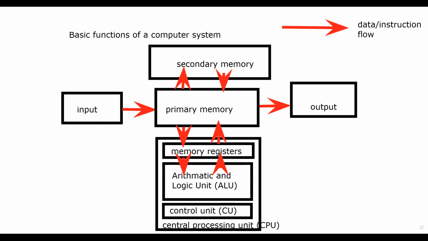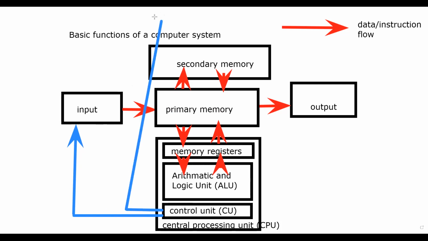Now this flow should be controlled from the control unit. The control unit controls everything. For example here, it can control the input. So it controls the input, and then it can control the storage, secondary storage as well. Yes, so we will come here and then you can control this one.